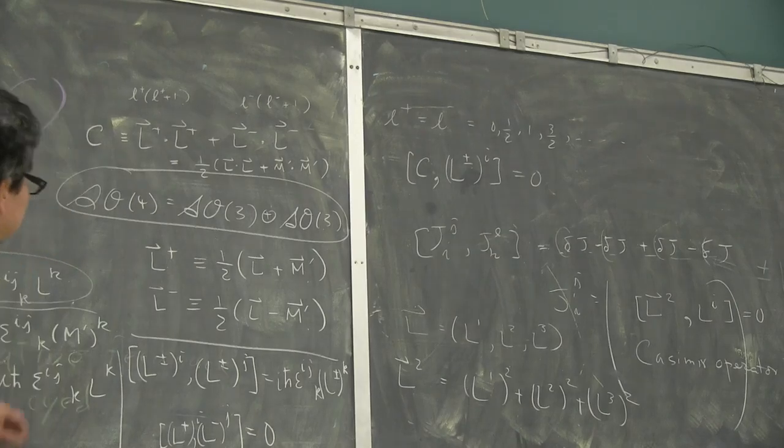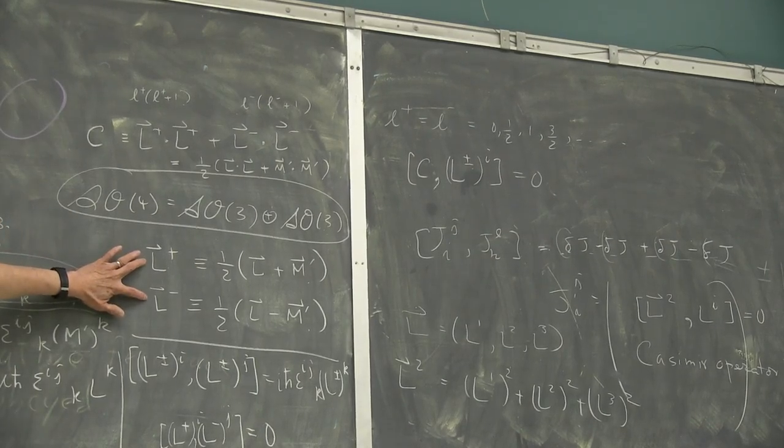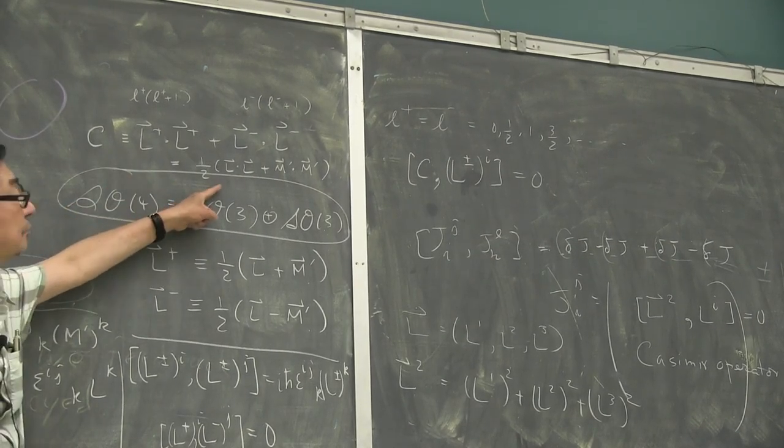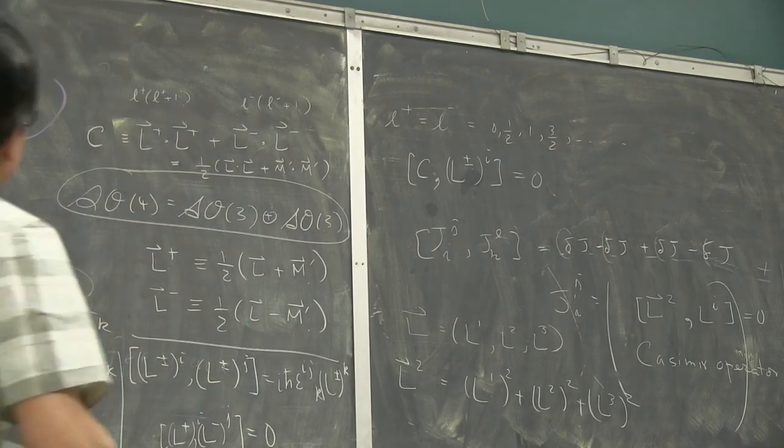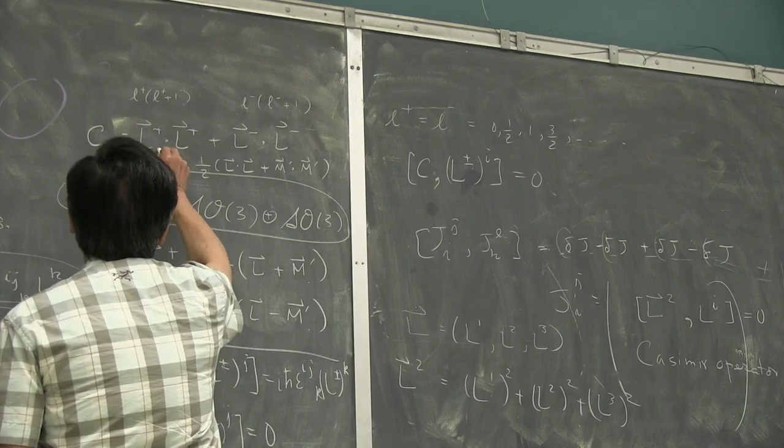This is very simple to show. Just use these definitions for L plus and L minus, stick them into here, and you'll find this as a result. Okay? And so let's just keep this expression in mind.